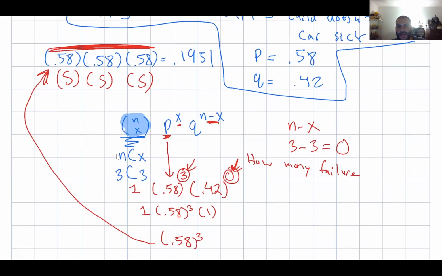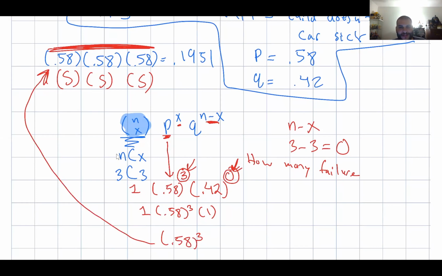The one good thing about this one is it gives us the opportunity to do a little bit more advanced probability. Because if you remember, for the multiplication rule, we can't really do it for just one. Like say if I want one child to get car sick, that one would be a little bit too hard. But with the binomial distribution, you could actually do that.